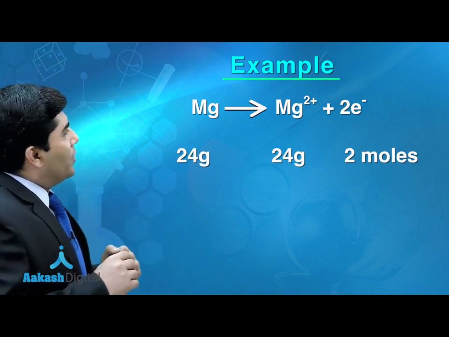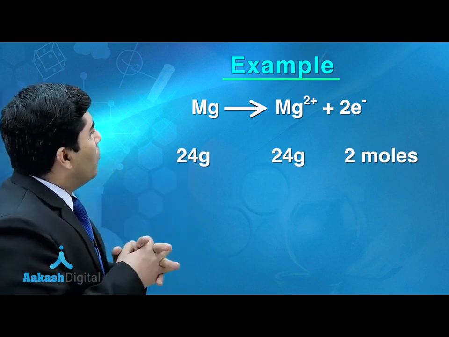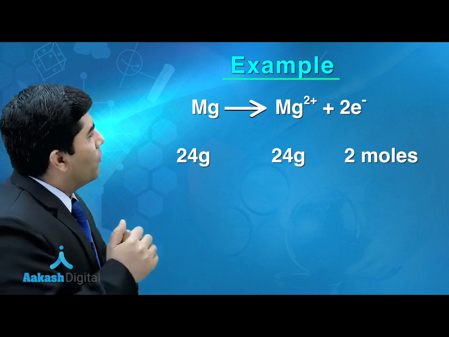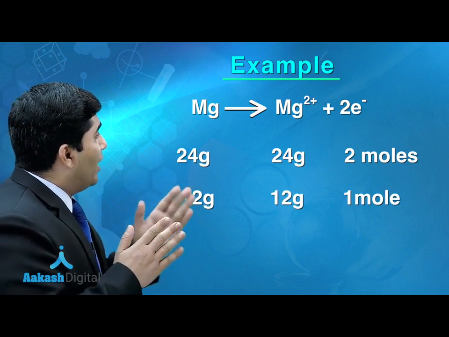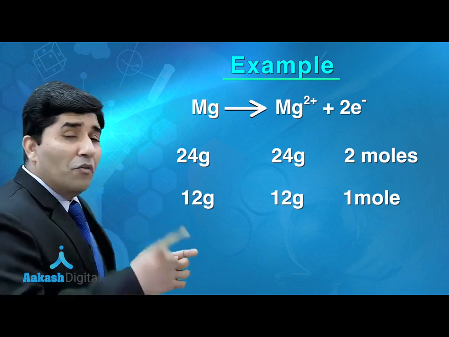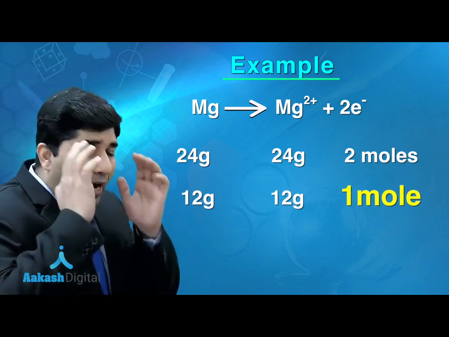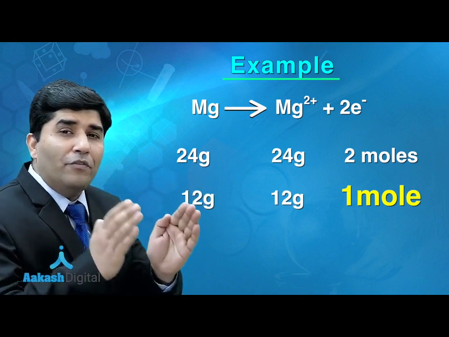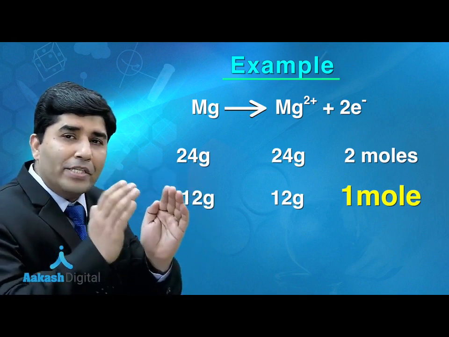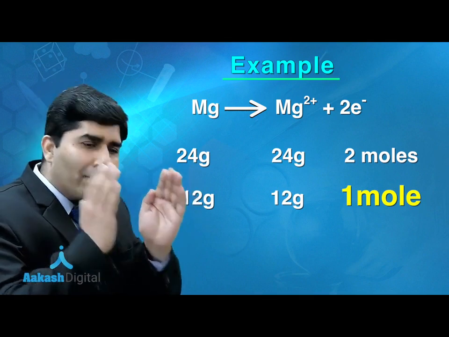24 gram of magnesium gives us 24 gram of magnesium ions and 2 moles of electrons. Therefore 12 gram of magnesium will give us 12 gram of magnesium ions and 1 mole of electron. Now guys, focus on this 1 mole of electron because equivalent weight is directly related to this 1 mole. Right?